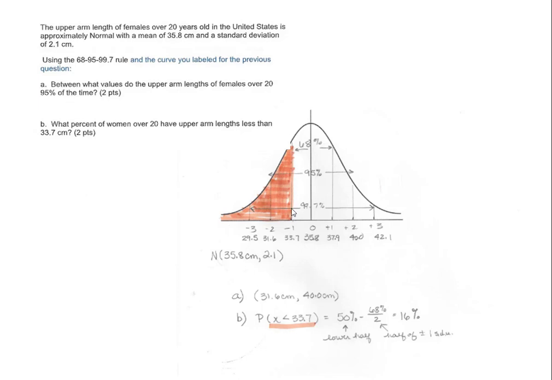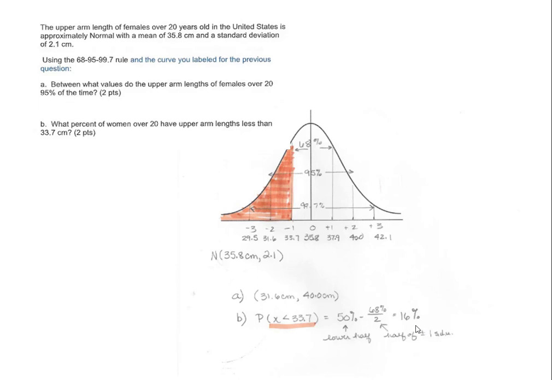Okay, so there's a couple different ways to do it. I looked at it and said, okay, let's start with 50%. That's all of this. And let's take away this little piece of 34% that isn't in that, and that's how I got the 16%.